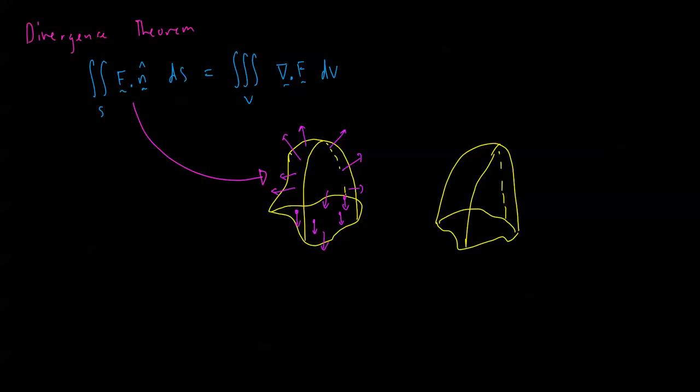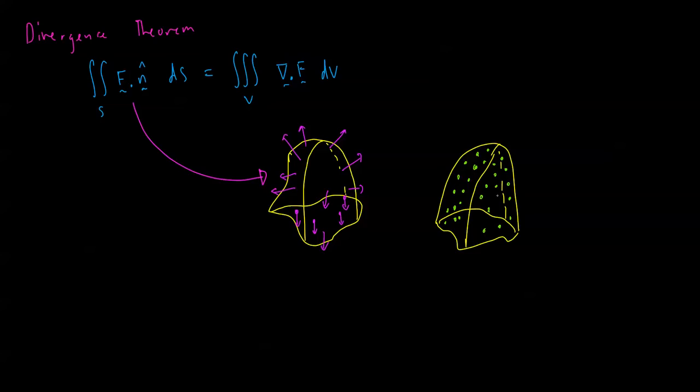Whereas the right hand side is, well, we know how to find the divergence of a vector field, and we can calculate what that quantity is at each point. It's not a vector, remember, it's a scalar. The dot product gives you a scalar, so it's a quantity. So we just have to find that at each point, represented by these green dots.